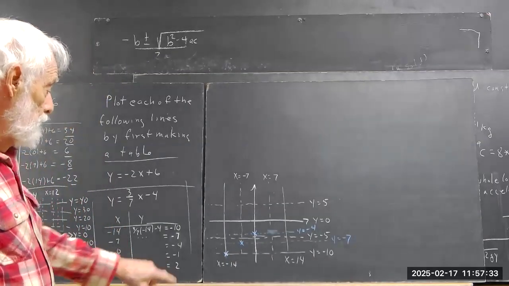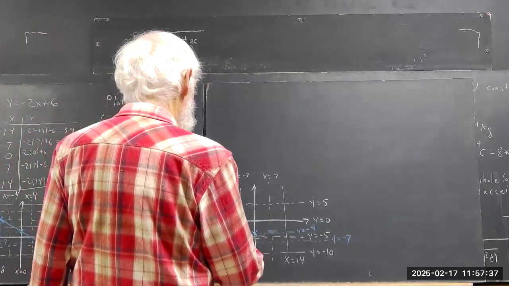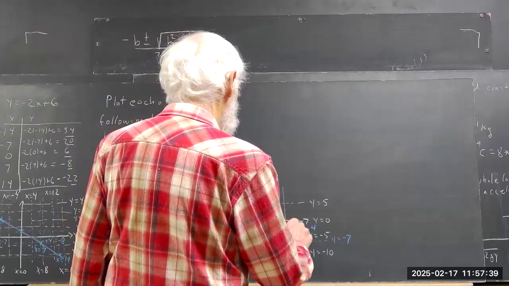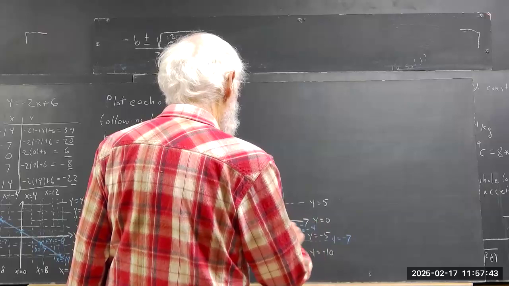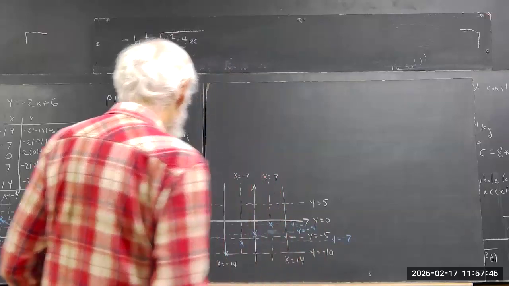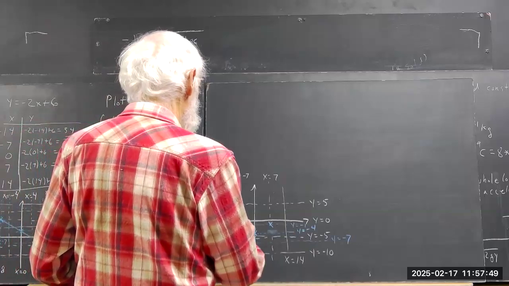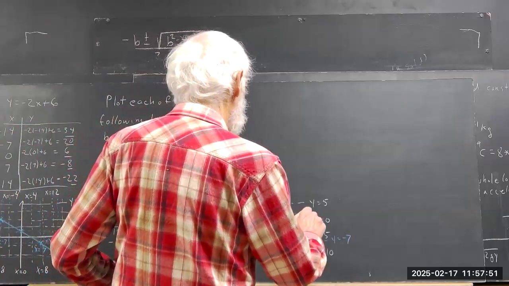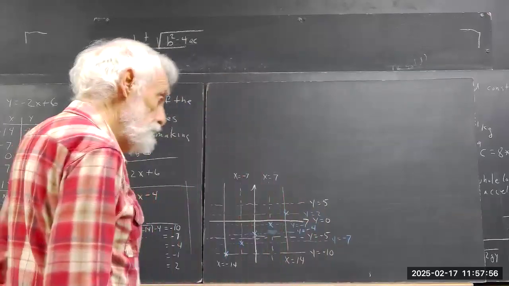Okay, then for x equals 7, y equals -1. Well, -1 will be up here closer to 0 than -5. That gives a point about here. Then y equals 2 goes about here. And there we have it.